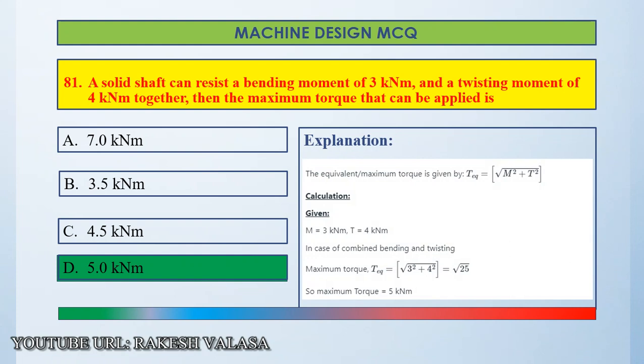Now substitute these two values in the equation: T equivalent or maximum torque equal to under root M square plus T square, that means under root 3 square plus 4 square equal to under root 25, that equals 5 kilonewton meter. So the correct answer is option D, 5 kilonewton meter.